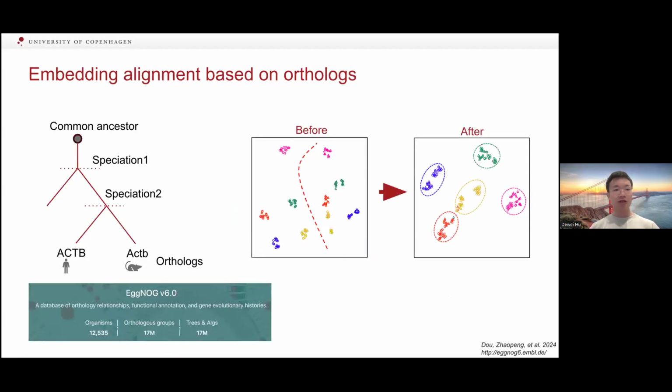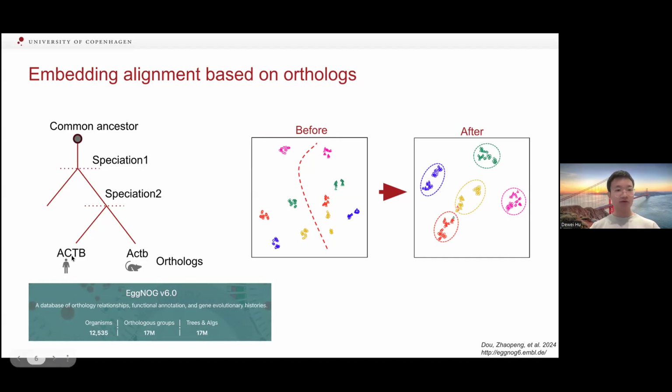And how we are going to do it is through a method called embedding alignment. As you know, we have a lot of proteins that evolved from the same ancestor, which we call orthologs. Let's say there are two proteins, ACTB from human and mouse.